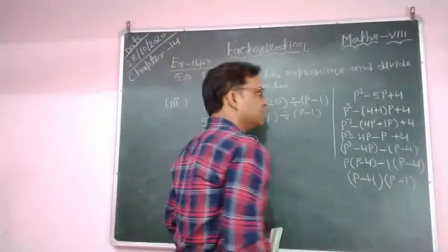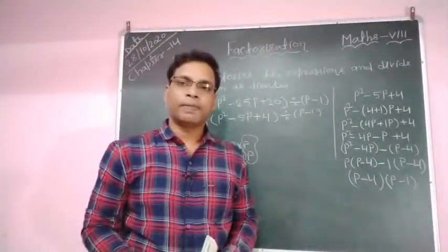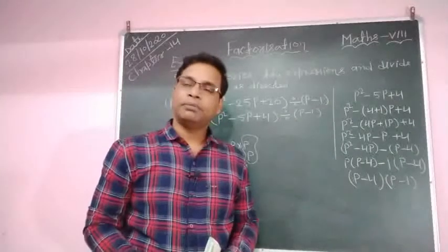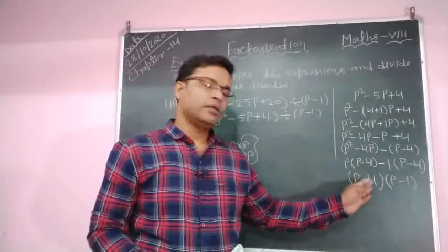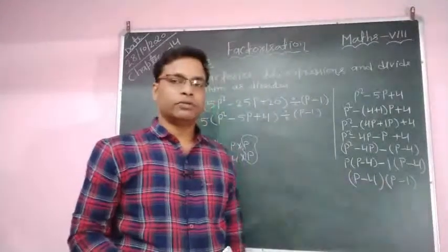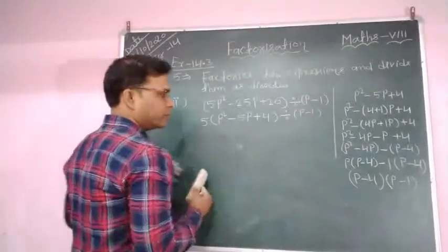This way we find the factorization of p square minus 5p plus 4, which is equal to p minus 4 into p minus 1. Okay, so similarly, you can write here.